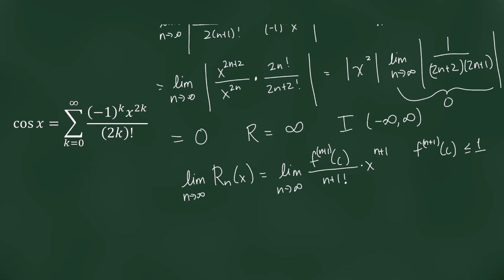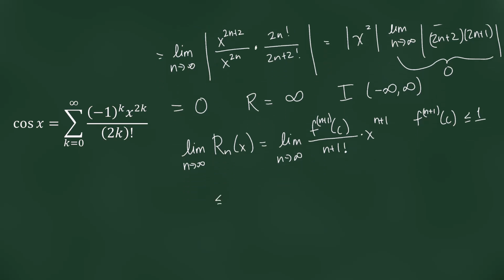So we can then say that this is less than or equal to the limit as n goes to infinity of 1 over n plus 1 factorial times x to the n plus 1. And again, we're in that case where we have two functions, both of them are growing, but n plus 1 factorial grows much faster.